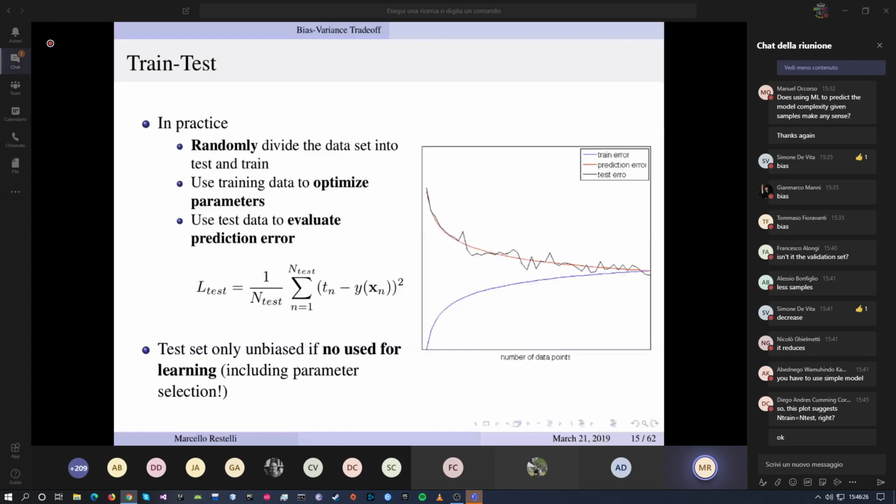In fact, as you can see, when you have many samples, the train error becomes again a good measure of the prediction error. And this kind of behavior is expected.